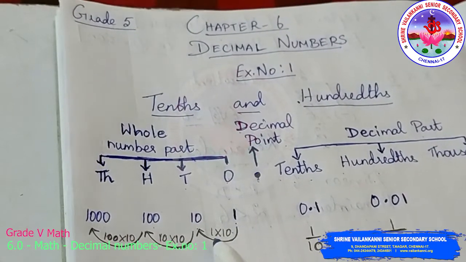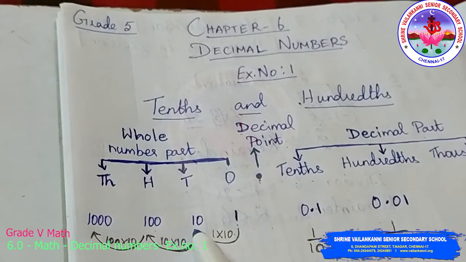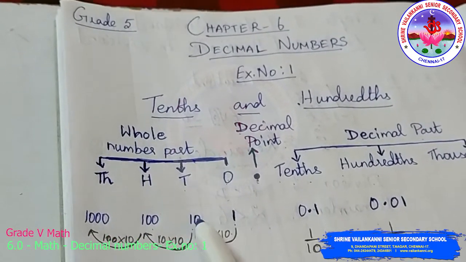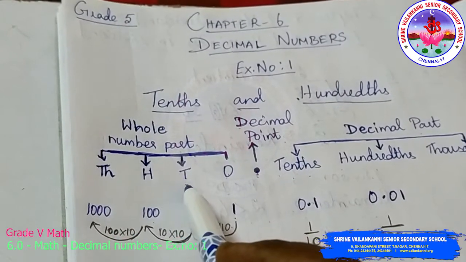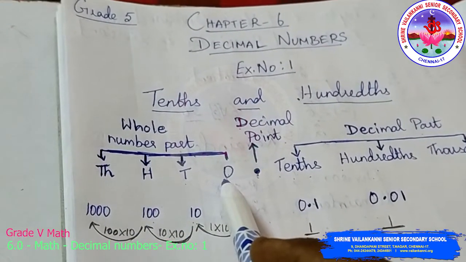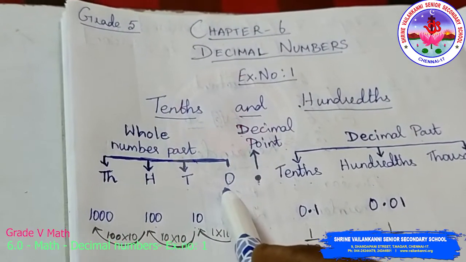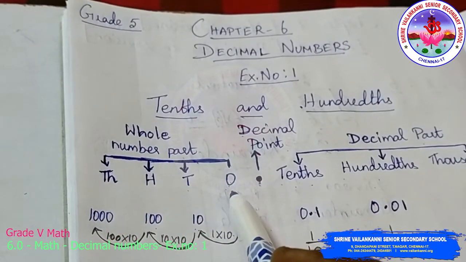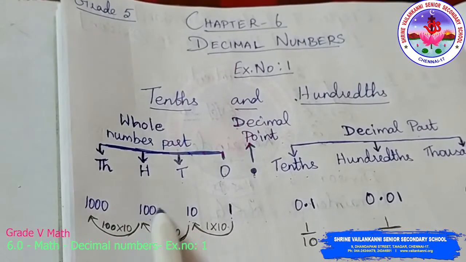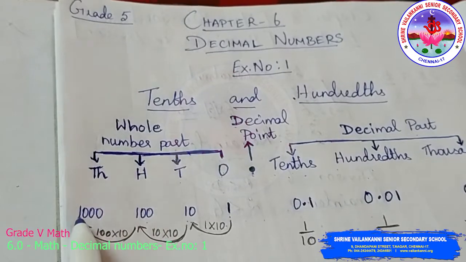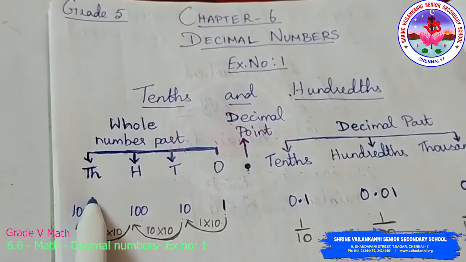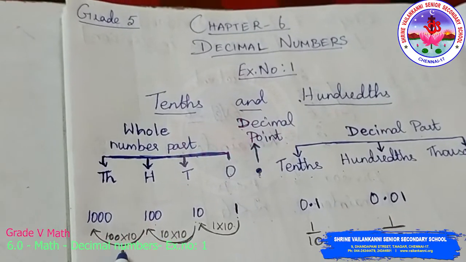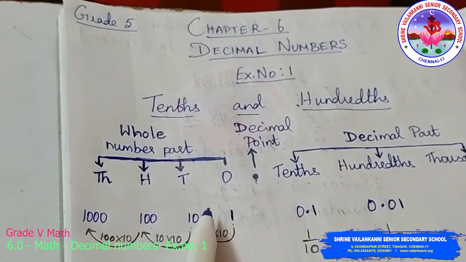So 1 into 10 gives 10, which applies to each and every place value. The tens place value is 10 times more than the ones place value. So likewise, if you move towards the left side, each place value is 10 times more than the previous place value.